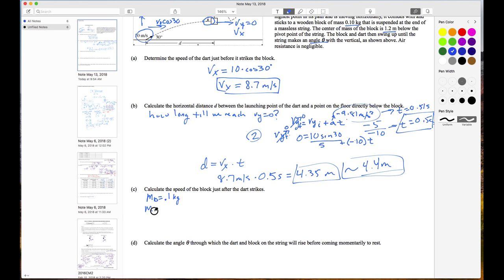The mass of the dart is 0.020 kilograms. The speed of the dart when it hits is 8.7 meters per second, and we know that the speed of the block is 0 at the start. So this is able to give me my momentum to begin.